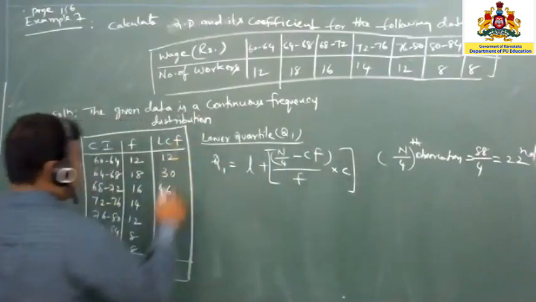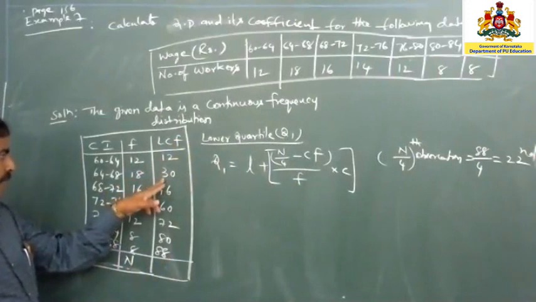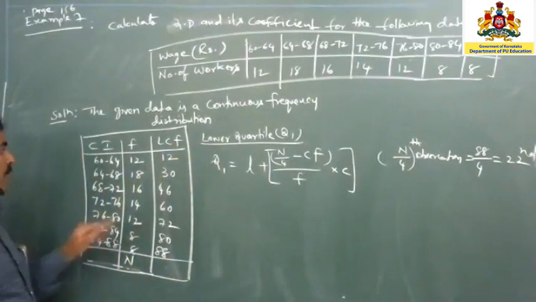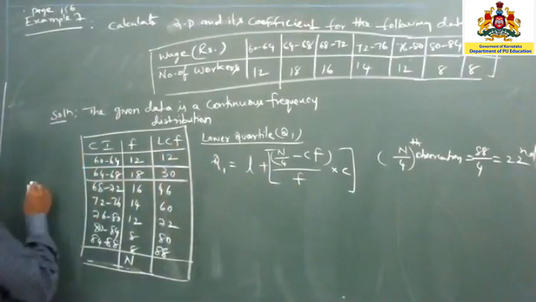In which LCF is it falling? It will not lie in 12, it lies in 30. Therefore, the corresponding class interval is the Q1 class.